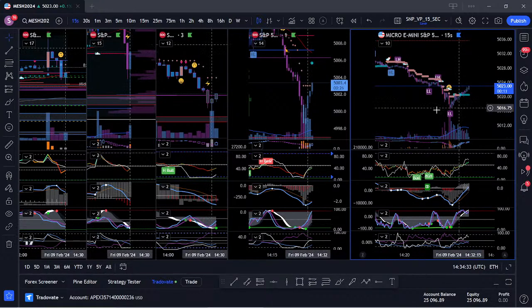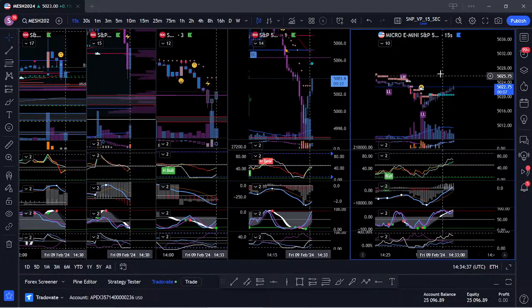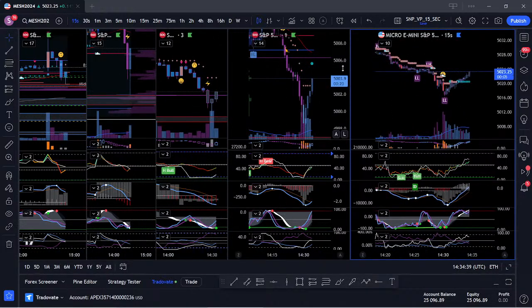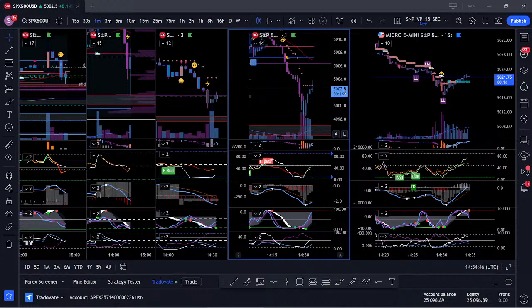Okay, we have a good retest now, so things might go up now. We need to verify that. Let's have some patience to see how things go.